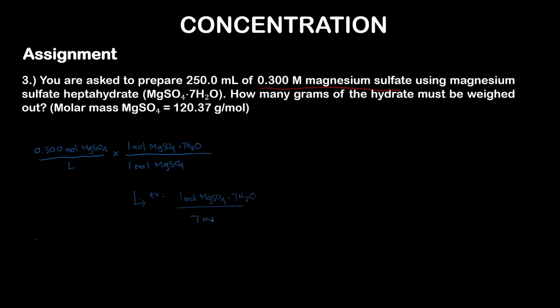There are 7 moles of H2O. But this is just an example, because maybe some of you are confused in this one. So that's their ratio. It's 1 to 1. I'm just showing you how we came up with that from magnesium sulfate to magnesium sulfate heptahydrate.